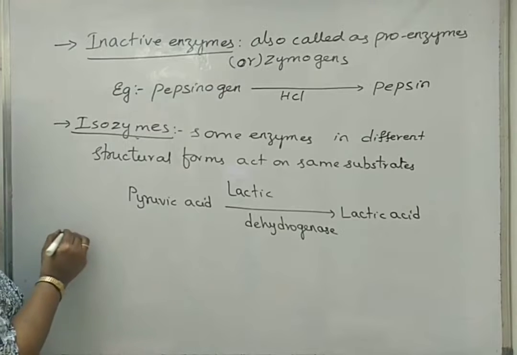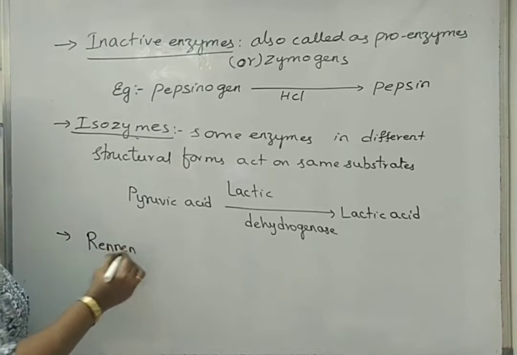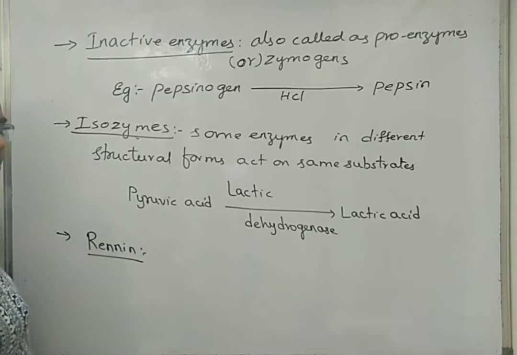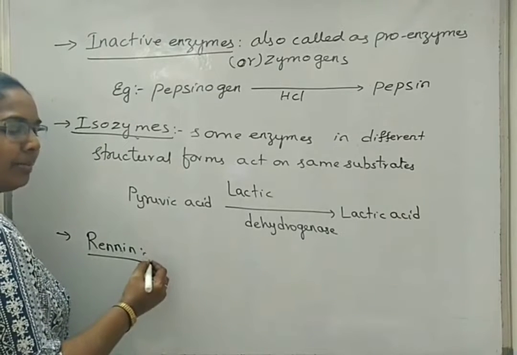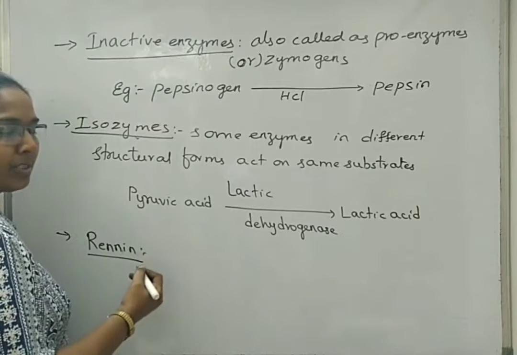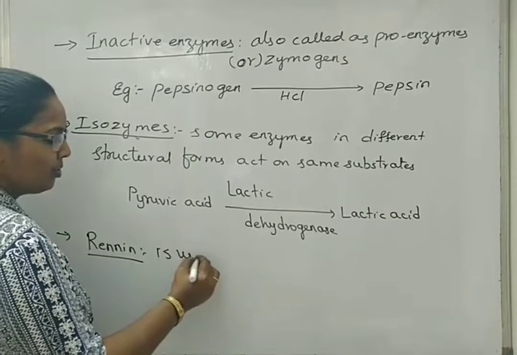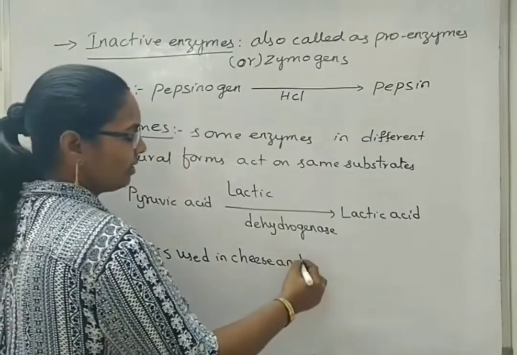Next, another type of enzyme is renin, which is used for curdling of the milk. This is available in the market in the form of proteases, renin tablets and chymosin tablets, etc. Renin is used in cheese and curd making.